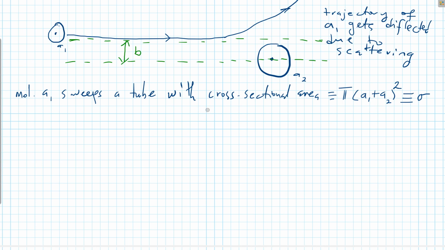Of this tube, maybe we should sketch it. Molecule 1 is going to sweep that volume. It's going to sweep a tube with cross-sectional area, which is equal to pi times (A1 plus A2) squared, as its own personal space.